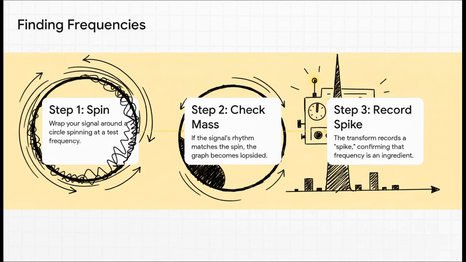Okay, so here's the clever part. If your original signal has a rhythm that just happens to match that spinning speed, a 10 Hertz ingredient, then all the peaks in your signal will start to line up on one side. The whole shape gets lopsided. The machine sees this shift in its center of mass and goes, aha, and it records a big spike. That spike is the confirmation we found a 10 Hertz ingredient in our smoothie.